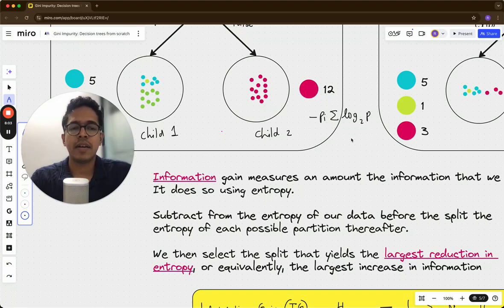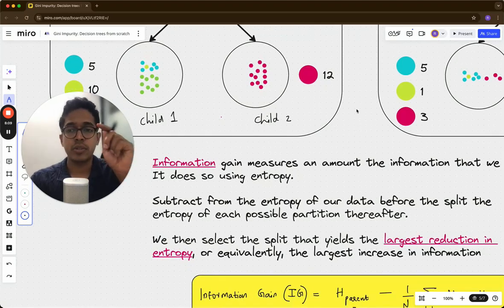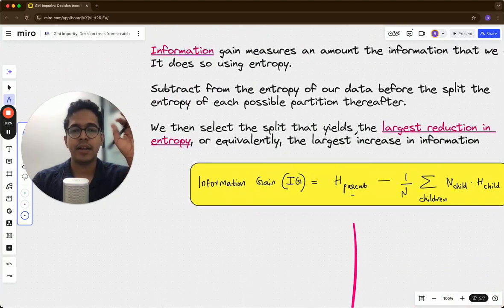So that's the reason why if you have only one class, it is called a pure node whose entropy will be 0. Now, we see this pure node from the point of view of entropy, but today we will see why it is a pure node based on Gini impurity. If Gini impurity is 0, we will also see that it is a pure leaf. So that is what we are going to cover primarily in today's lecture.